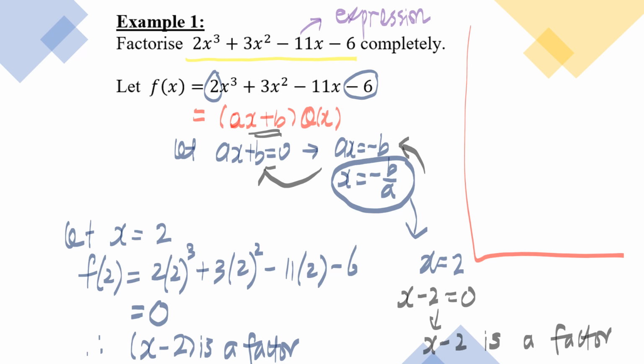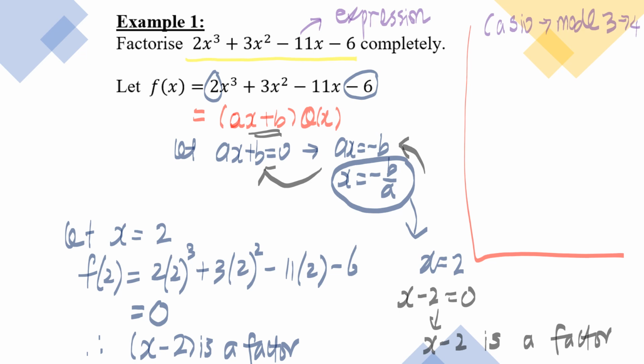If you're using Casio, then on the calculator you can just press mode, 3, followed by 4.